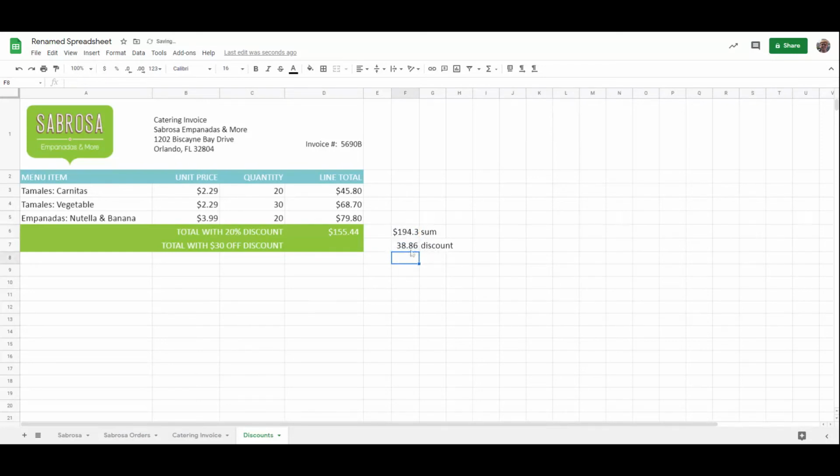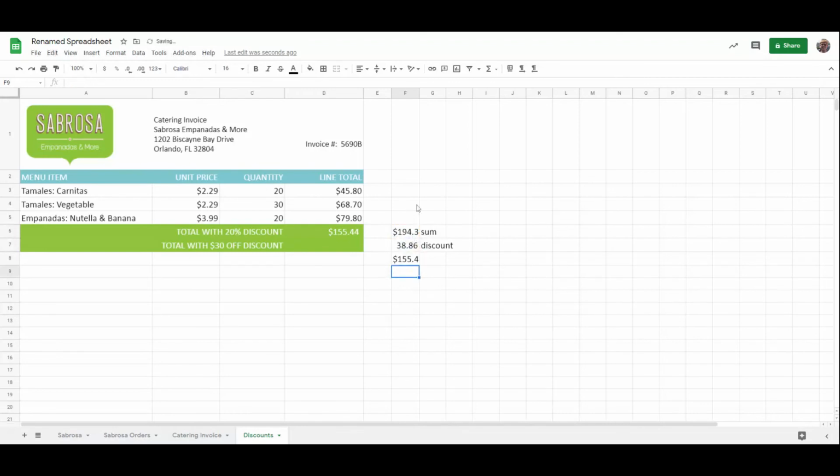And so they would actually get almost $39 off. And because they're not having to pay that, we would subtract those two cells, and that is how we get, let's make it a little wider, that's how we do get the 155.44. So our math checks out. We've done the calculation correctly.